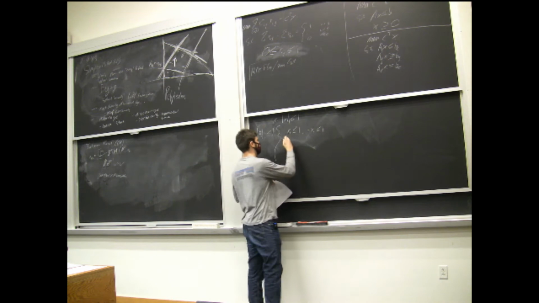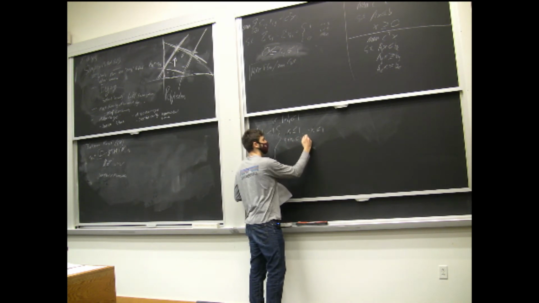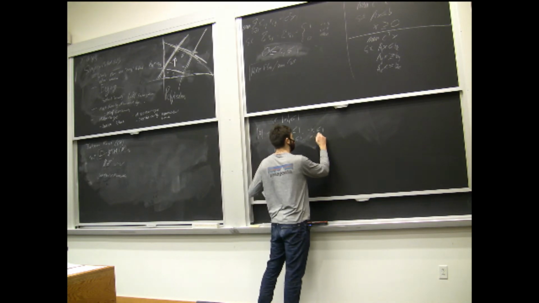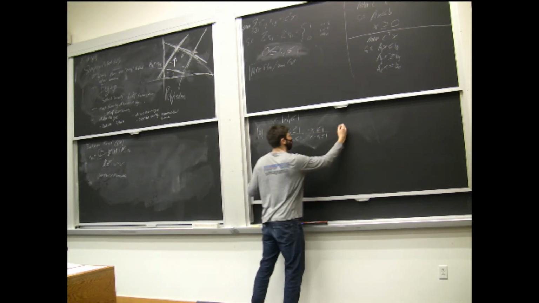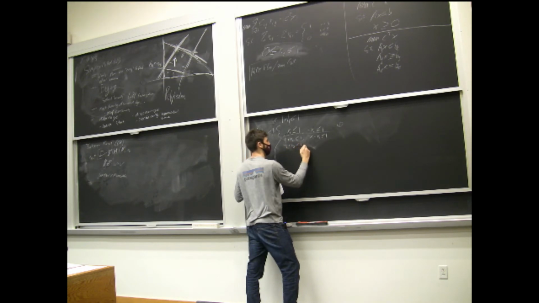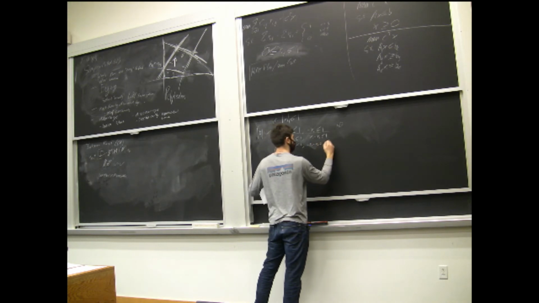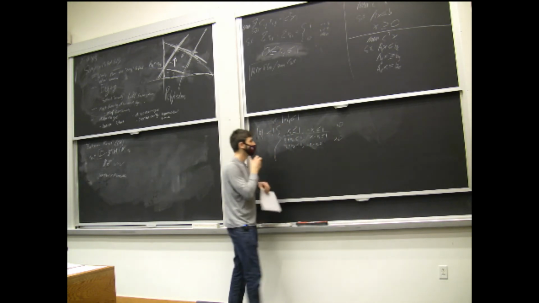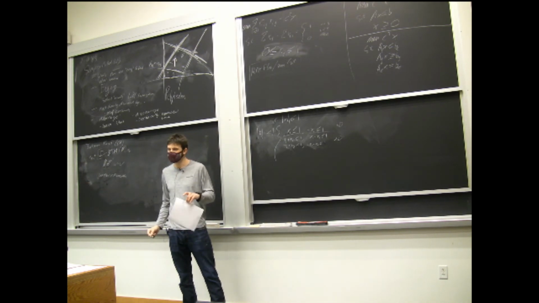I need x1 plus x2 less than 1, x1 minus x2 less than 1, and minus x1 plus x2 less than 1. So now I have 4 constraints. How many constraints am I going to have in 3D?